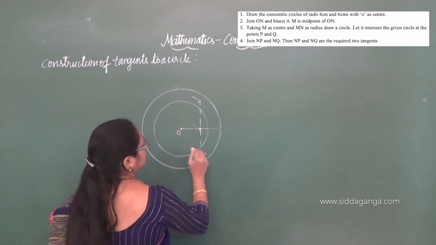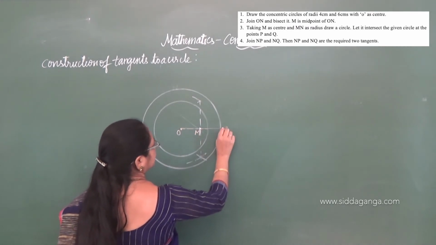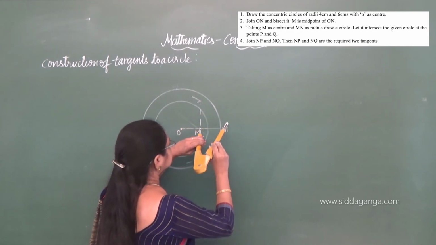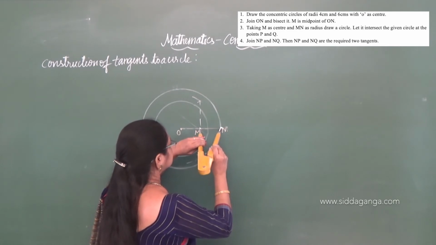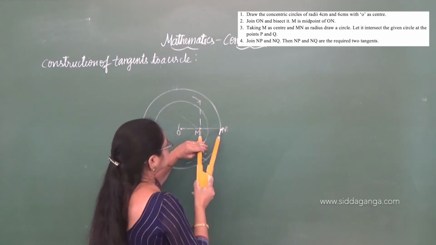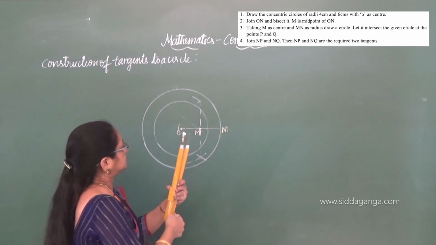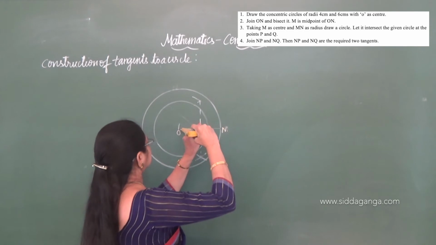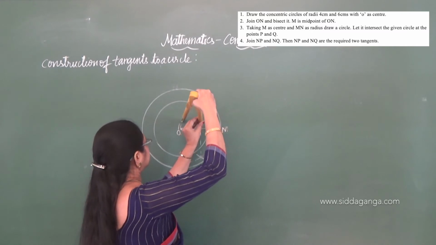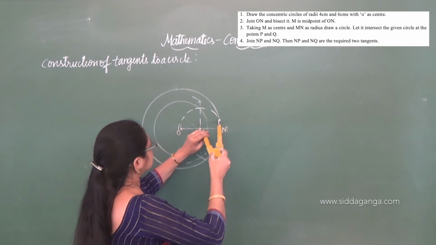So, I will take it as O, this as M, and this as N. Now, with MN as radius, I will draw an arc, and with MN as radius I am going to draw another circle. I will use dotted lines.